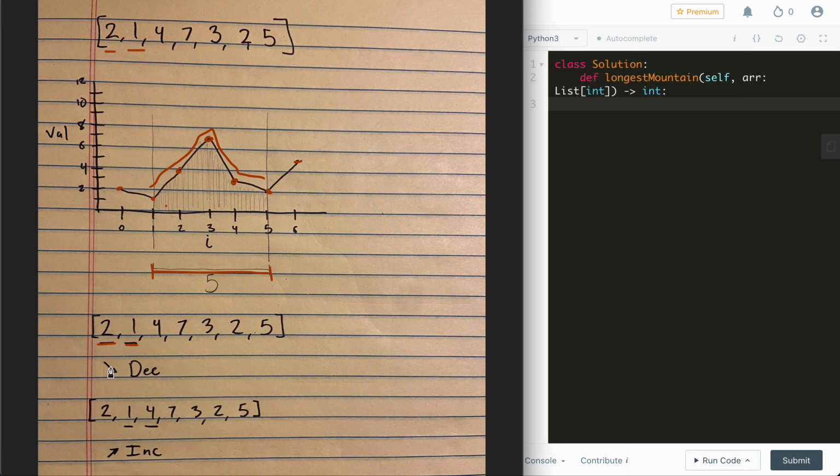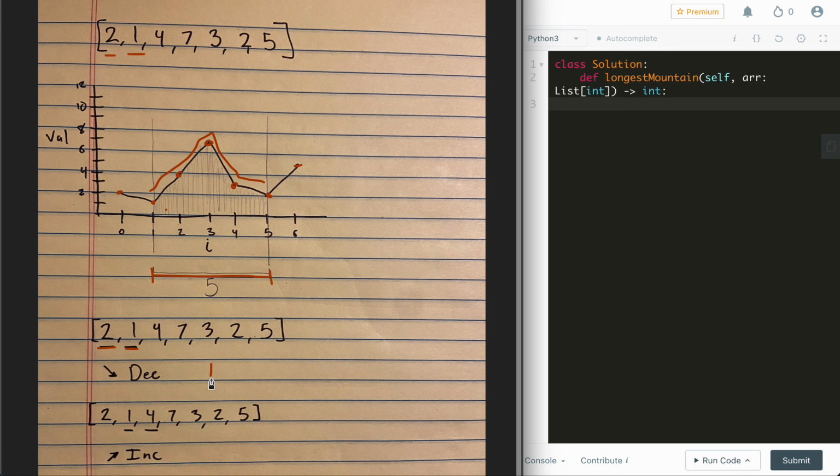In this case, 1 is less than 2, so it is a decrease. And so we would then set some sort of variable that's going to keep track of the previous state of this array. The state at this point would be decreasing, right? We would have a decrease.